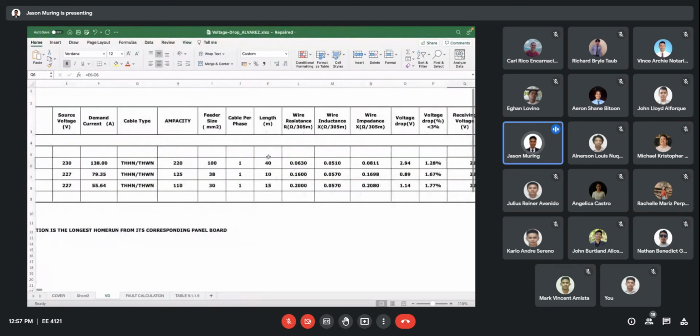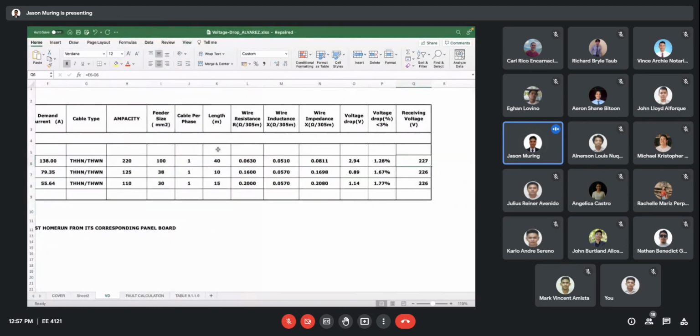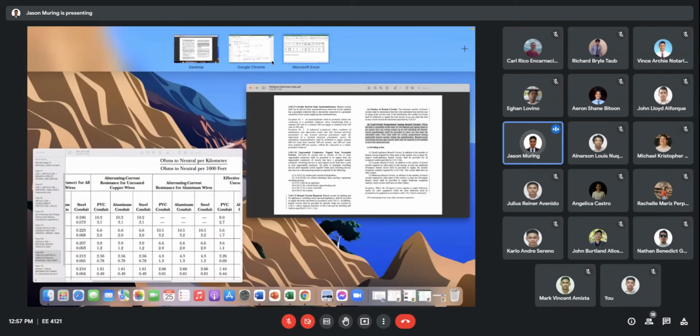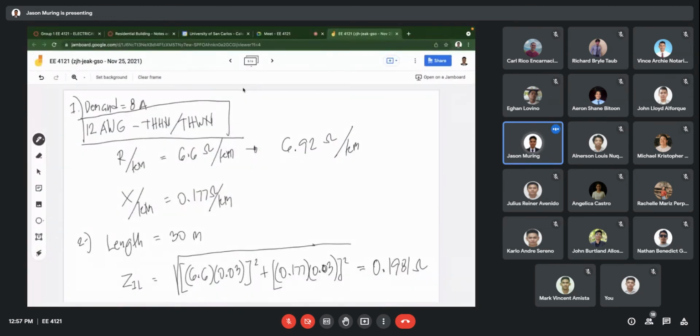The new values here are the length, for example, so you have to determine this based on the location of the branch circuit, by the way. So for motor, okay na siya, because we can easily identify the location of the motor. But for branch circuit without fixed loads, you have to look at the farthest load.